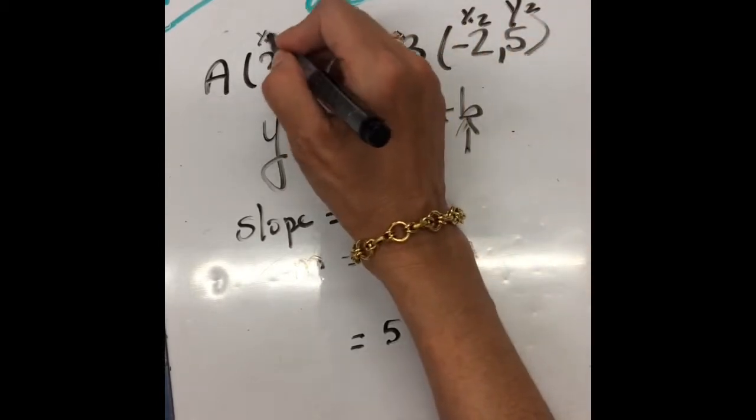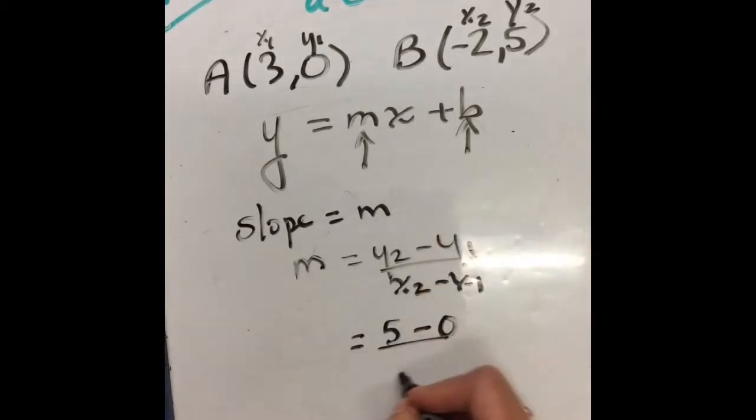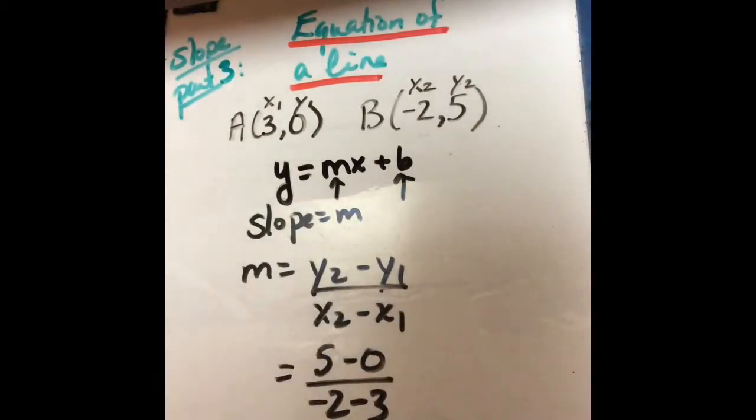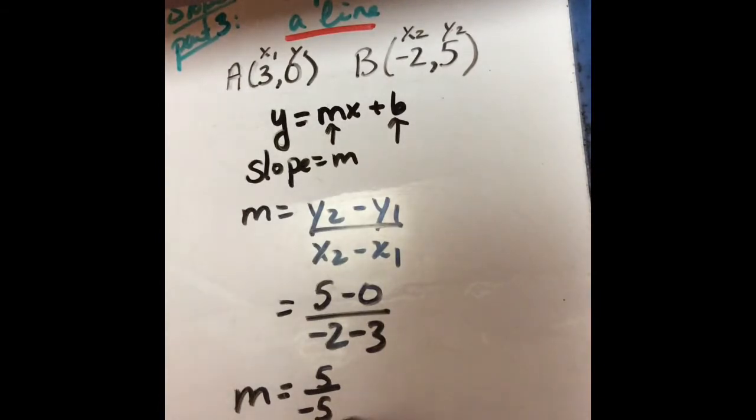I'm going to label them again so that you know where I'm getting these numbers. I'm just labeling them the first point and the second point. And that's over negative 2 minus 3. And this equals 5 over negative 5. And we can reduce that. m equals 5 divided by negative 5, negative 1. And so this is our slope.